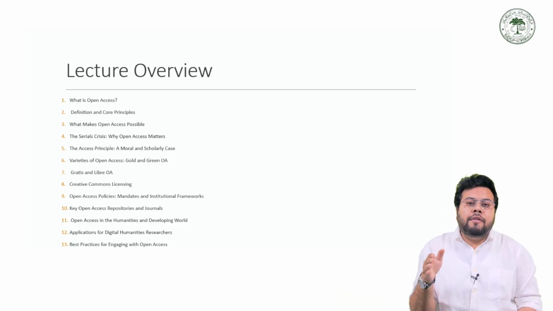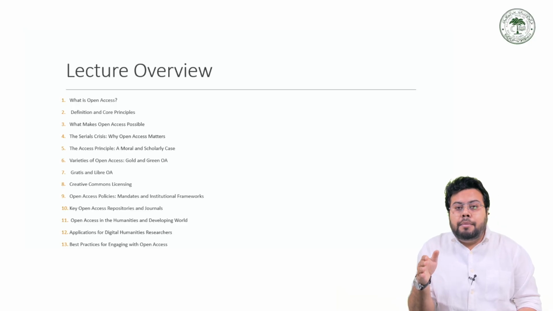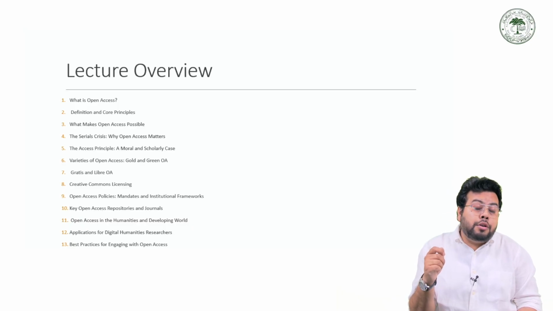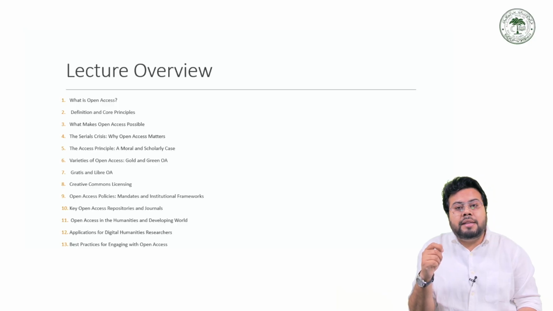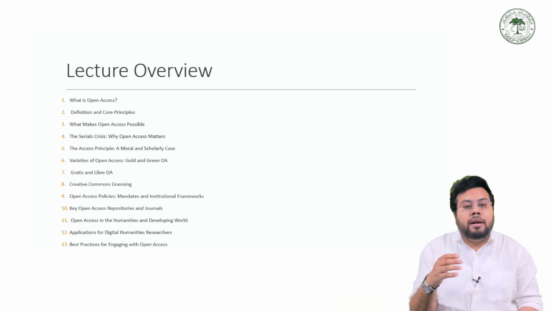We'll then break down the varieties of open access, gold and green, gratis and libre, understanding Creative Commons licensing, and look at how institutions have formalized open access through policies and mandates. We'll close with key resources and applications directly relevant to your work in digital humanities.